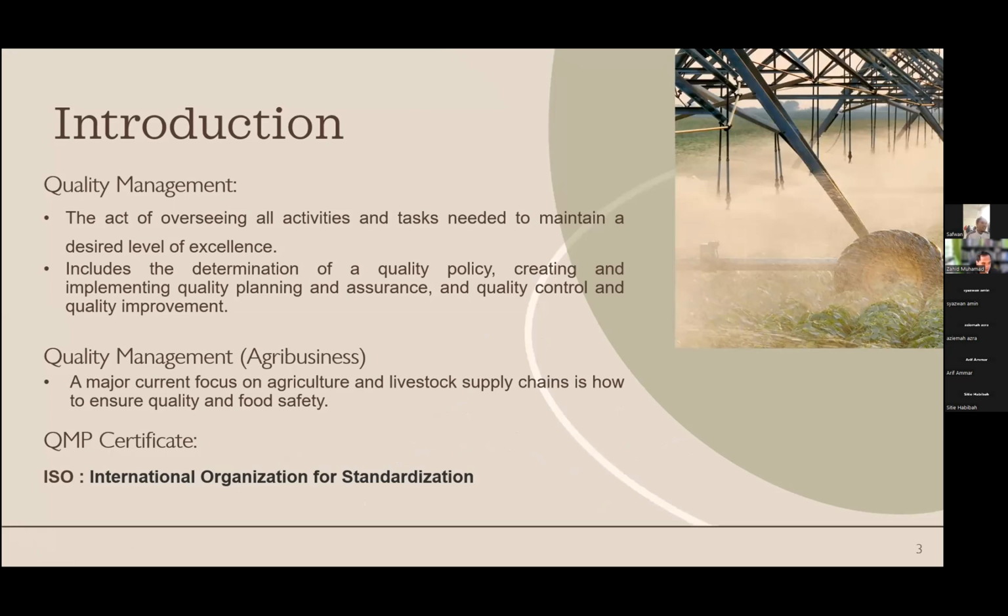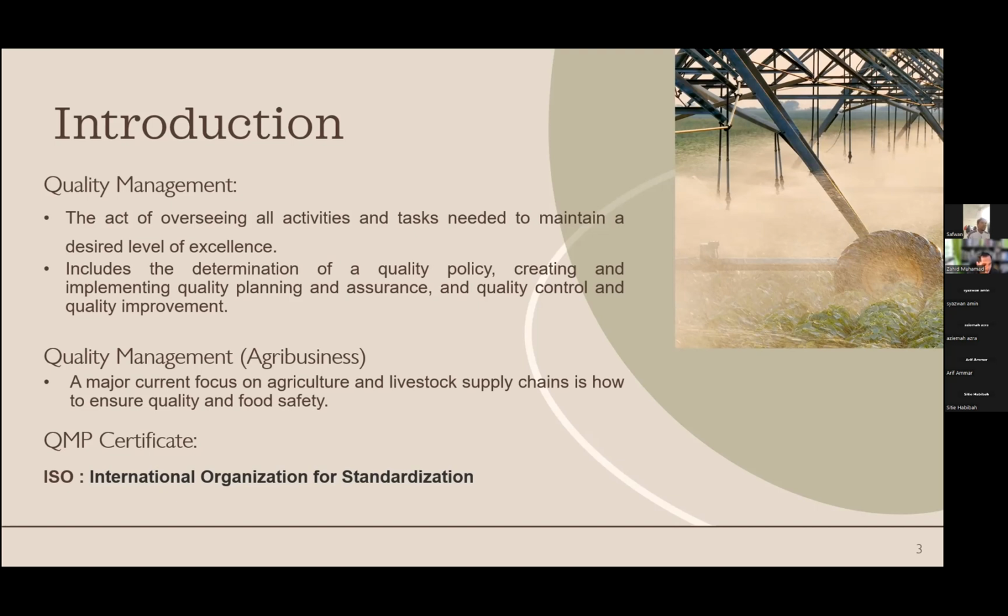Quality management is the act of overseeing all activities and tasks needed to maintain a desired level of excellence. It includes the determination of a quality policy, creating and implementing quality planning and assurance, quality control, and also quality improvement.